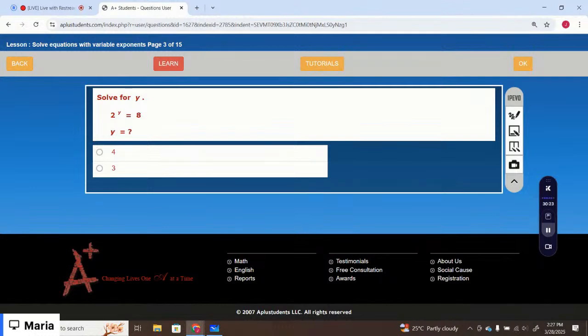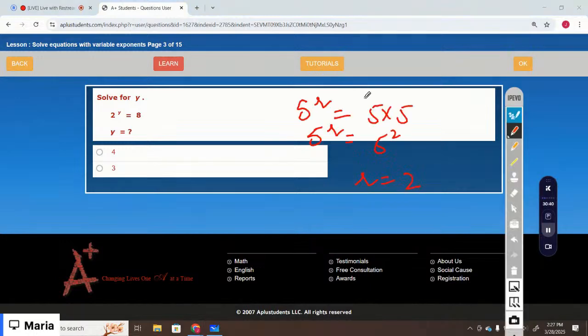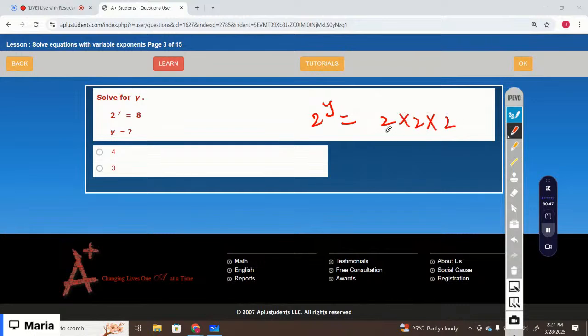Solve for Y. 2 exponent Y equals 8. So which is the correct option? So that is 2 exponent Y equals 2 times 2 times 2. 2 times 2 is 4 and 4 times 2 is 8. 2 exponent Y and 2 exponent 3.